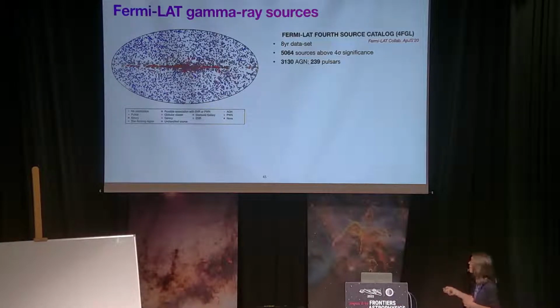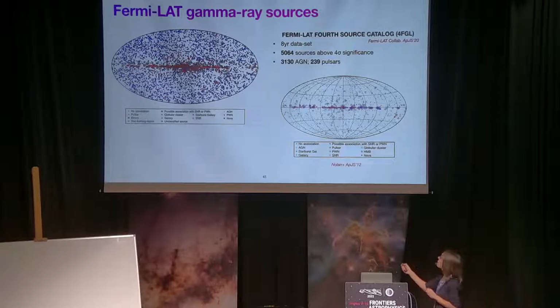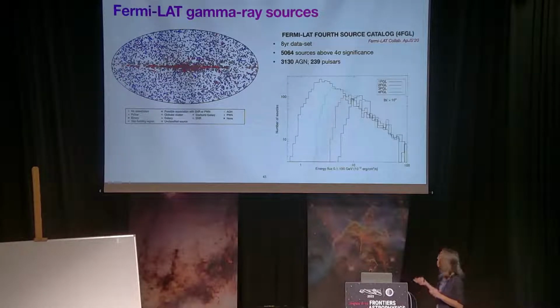So what is that? Well, you now have about 5,000 sources that are identified as bright hotspots in gamma rays. 3,000 of them are associated with AGN, hundreds of them are pulsars, but there are about 2,000 that are left and are considered as unassociated sources.